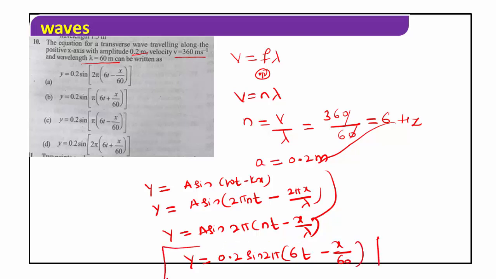We get this answer: y equal to 0.2 sine 2π (6t minus x divided by 60). Which option is it? For question number 10, option A is the right answer.